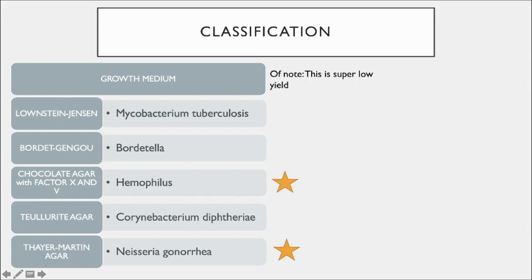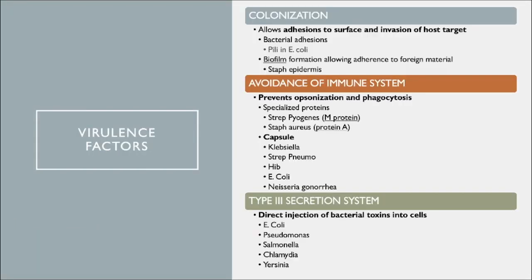This being said, with the recent advent of PCR and DNA assays, this stuff is not done anymore. It just takes too long. It isn't very useful. So this is phasing out, and I don't expect it to really be testable for much longer because we just don't do this in the real world.